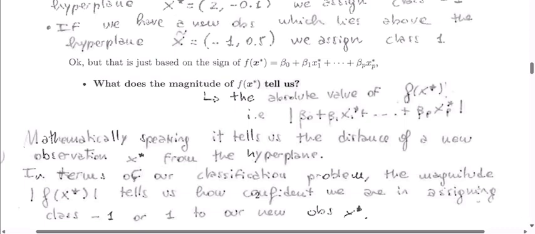What kind of information is it telling us? It tells us the amount of confidence we have in the classification. The magnitude of this tells us how confident we are in assigning members into class -1 or 1.